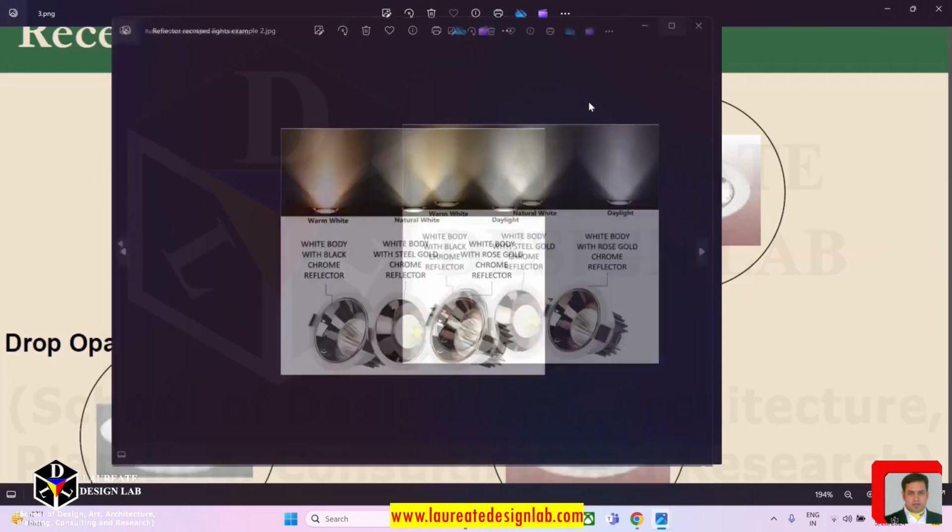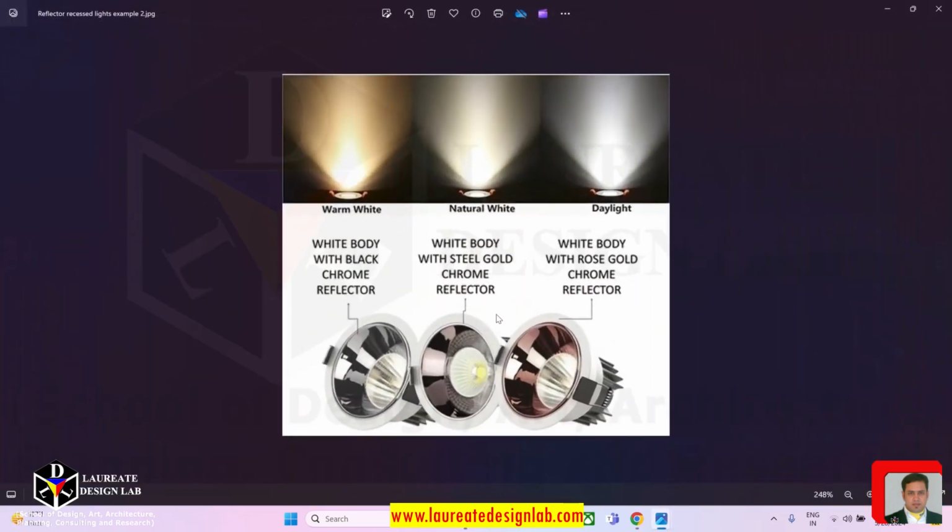This is the example of a reflector light. It has different finishes also. It has chrome finish, gold chrome, black chrome, rose gold chrome. So you get a variety.